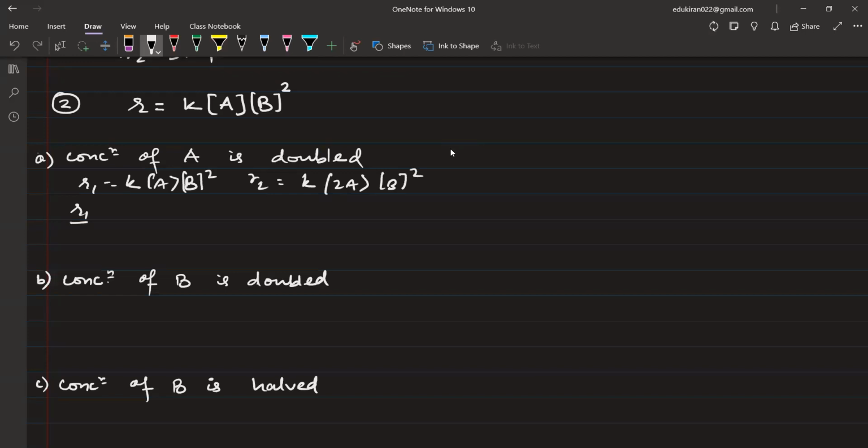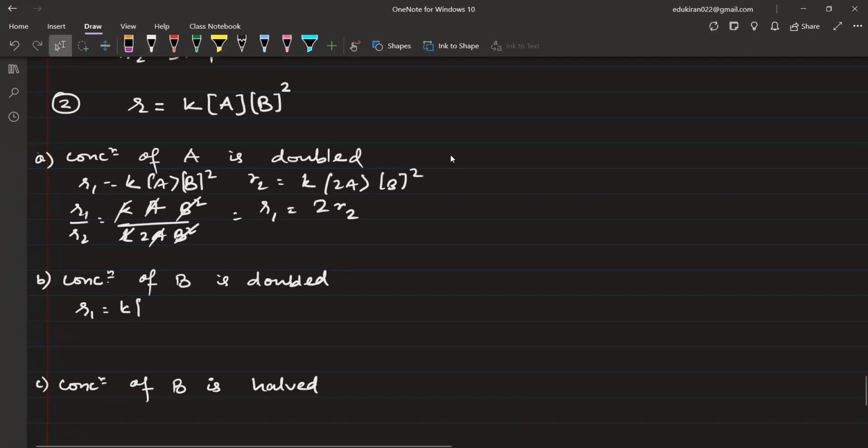Now R1 by R2, from here K A and B square, here we have K, here we have 2A and B squared, B square will cancel, A will cancel, K will cancel, so I can write R1 is equal to 2 times of R2. But when we are doubling the concentration of B, please see here, R1 is, सर, equal to उल्टा उल्टा, क्या उल्टा, R2 is equals to 2 times of R1.